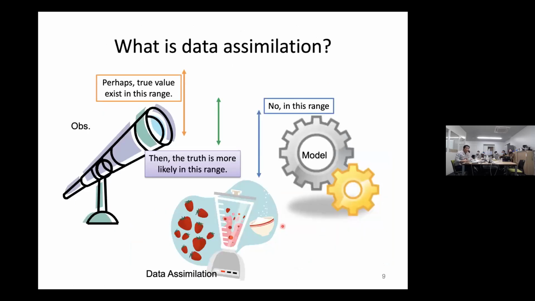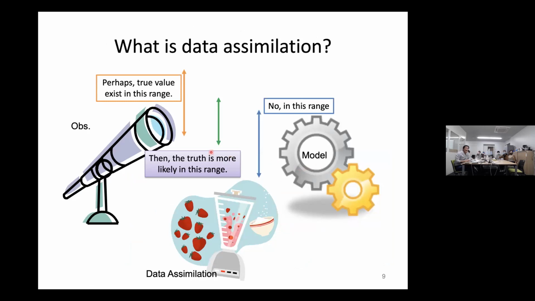Well, then what is data assimilation? It's a very, very cartoon, but it is my understanding, actually. It is like this level, but what we have to have is two different ways of estimation. One is observation, one is model simulation.